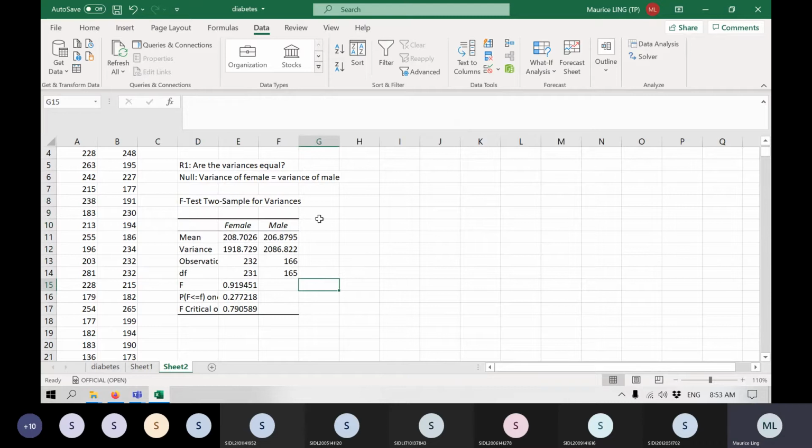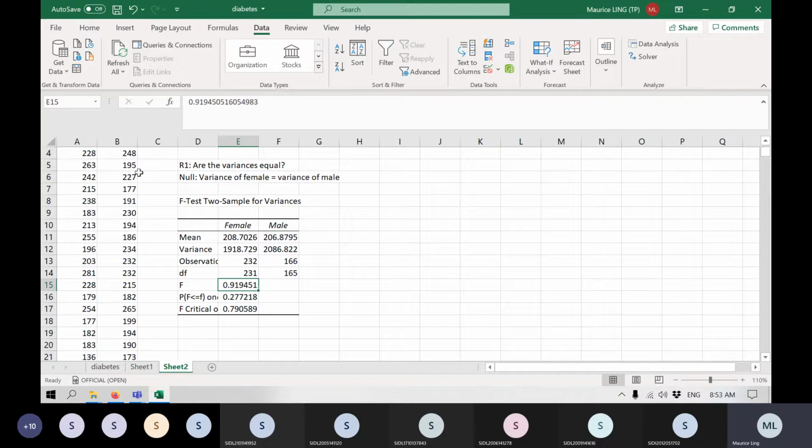Now, the first thing that you need to note is whether the F statistic is more than 1. Basically, it takes the female variance divided by the male variance. But because the F distribution is not symmetrical, I always tend to say that the F statistic should be more than 1.